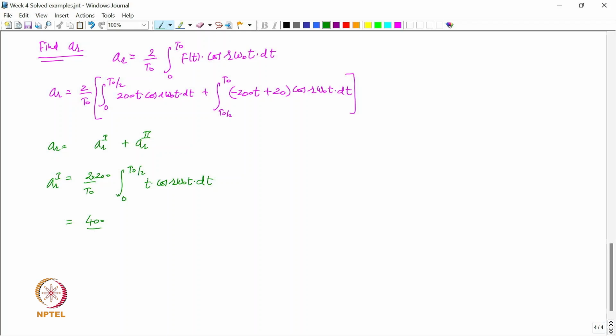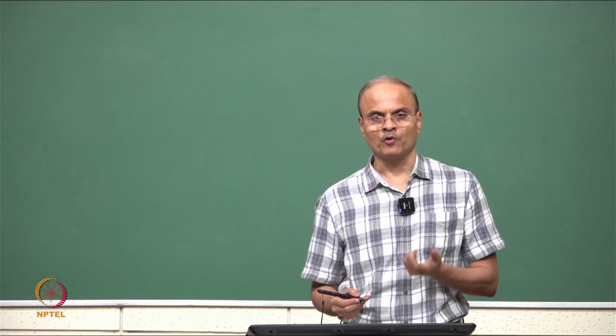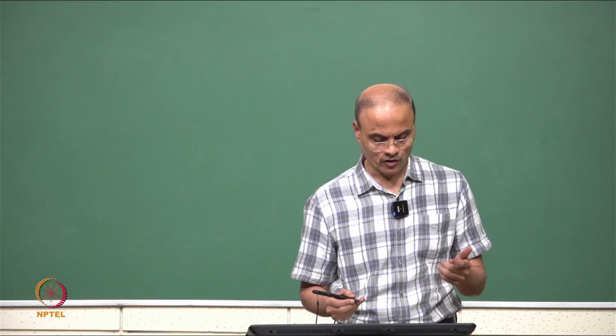Now we can write this as 400 by t naught, and now because for t into cos r omega naught t, I do not know the direct expression for the integral of this quantity, it is a product of two functions. So I can use integration by parts.